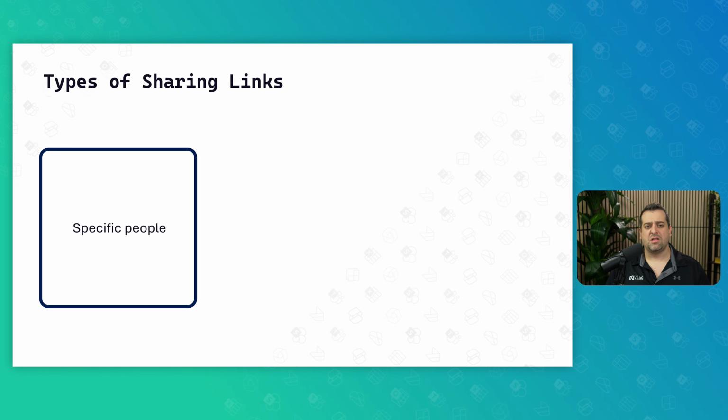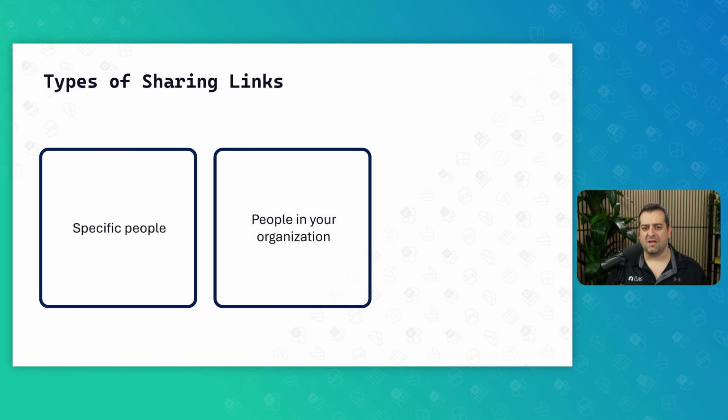Now, if we take a step back, in SharePoint we have 3 types of sharing links if we want to share a file. The first one is the specific people link, and this is the best because it only works for the named recipients. We then have the people in your organization link, and this one works for everyone that's a member in your tenant that has access to the link.